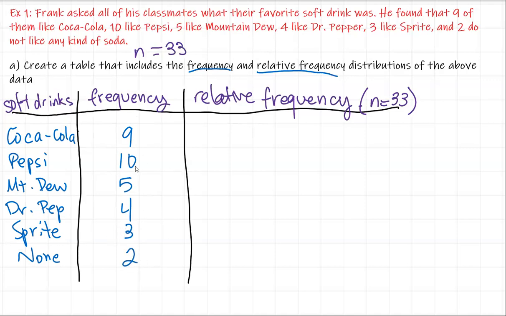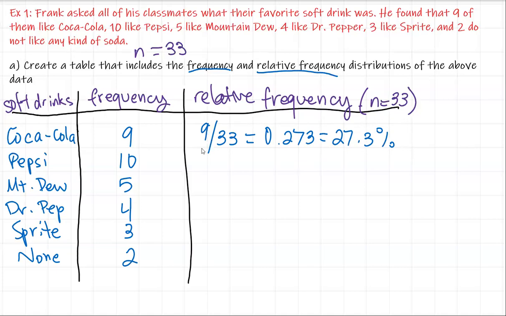Frequency is pretty easy. It changes when we do relative frequency, where we have to do an extra calculation. Remember, our relative frequency is our frequency divided by n. For Coca-Cola, we do 9 divided by our n, which is 33. When we do that, we get 0.27, and one decimal place is fine here. As a percentage, because we'll need that eventually, it's 27.3%.